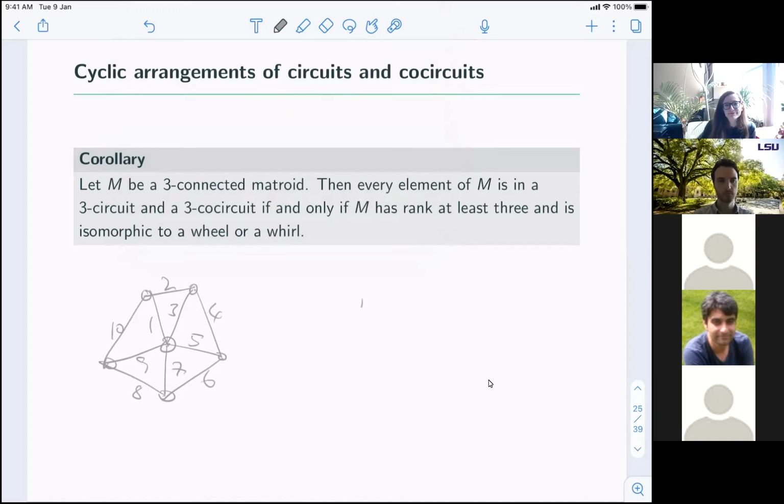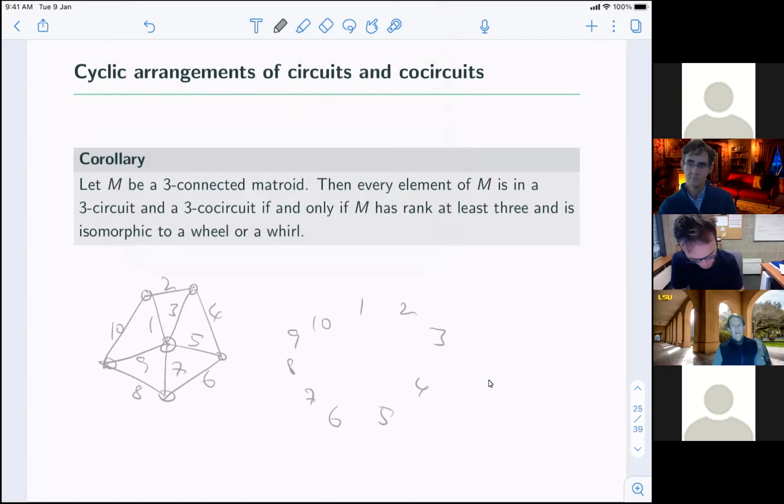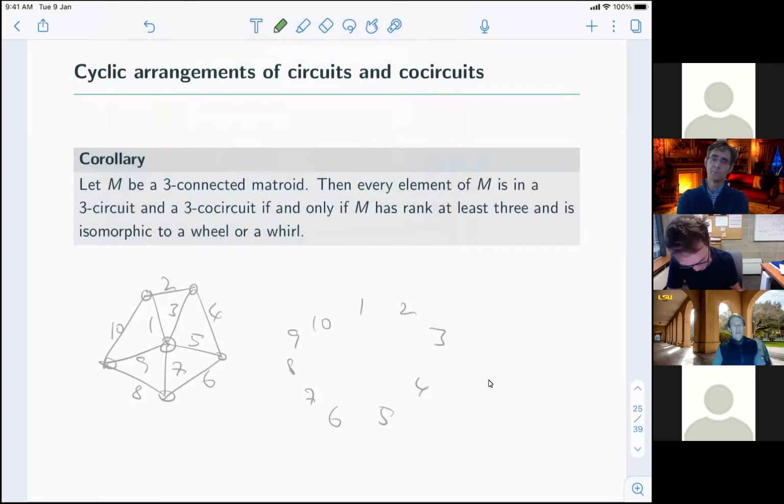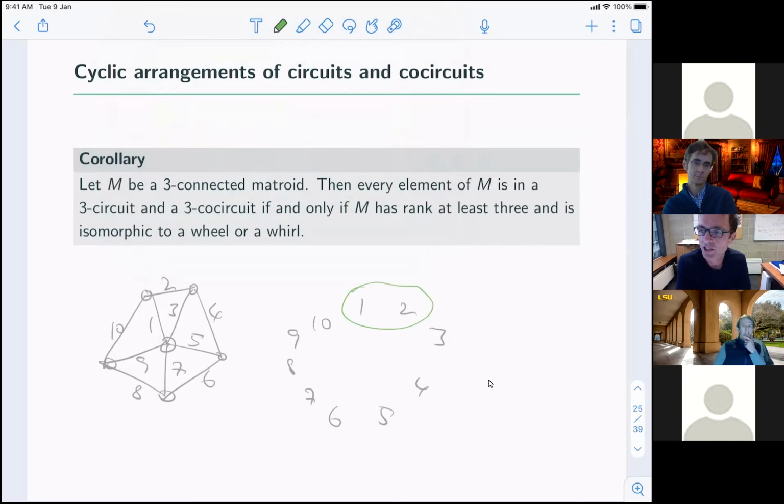And then if I put them in a circular ordering, what do I notice? Well, if I take any pair of elements, every pair of elements is in a 3-circuit and a 3-co-circuit.